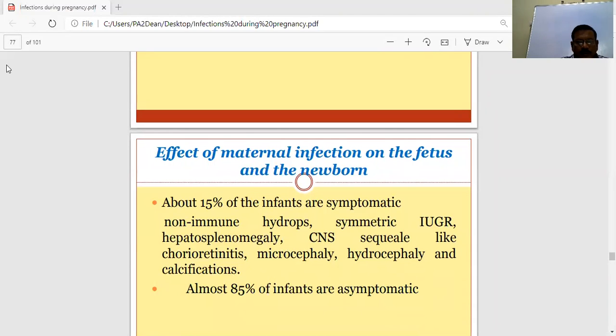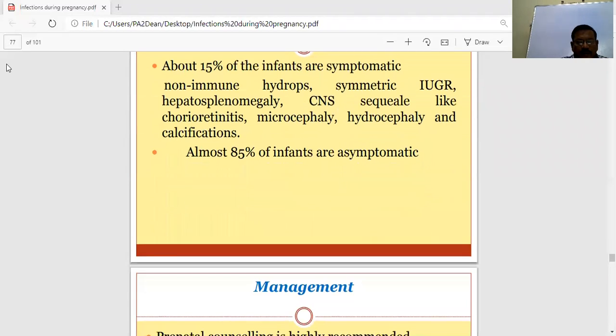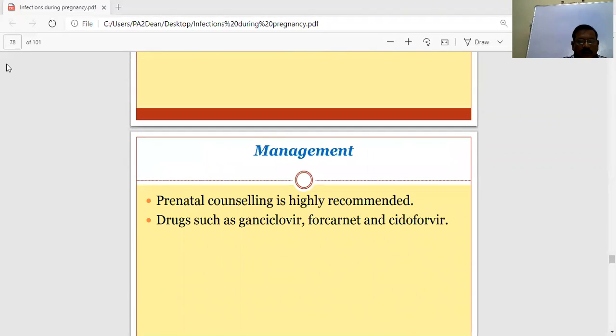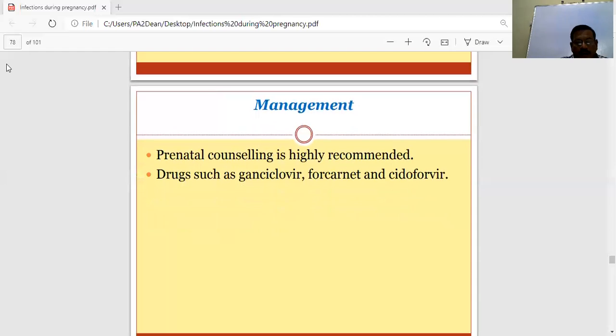Almost 85% of infants are asymptomatic. To manage this, prenatal counseling is highly recommended. Drugs like ganciclovir, foscarnet, and cidofovir are to be given.